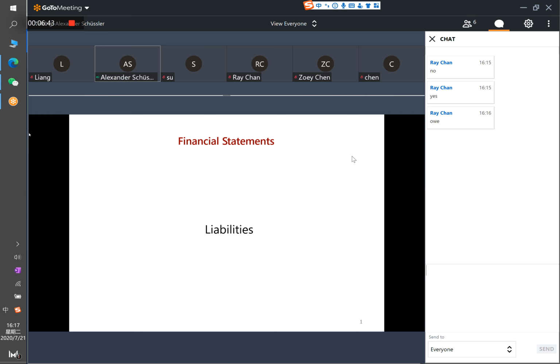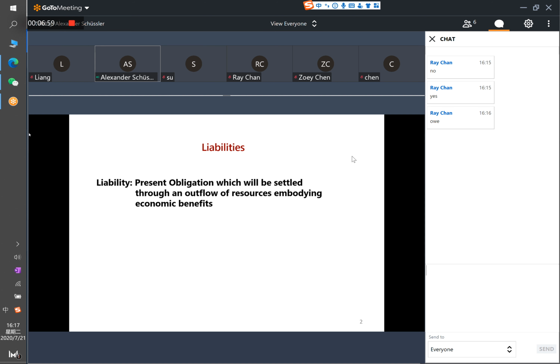For example, accounts payable. You buy something, but often you do not pay immediately, and then you have an account payable. This is the definition of a liability.